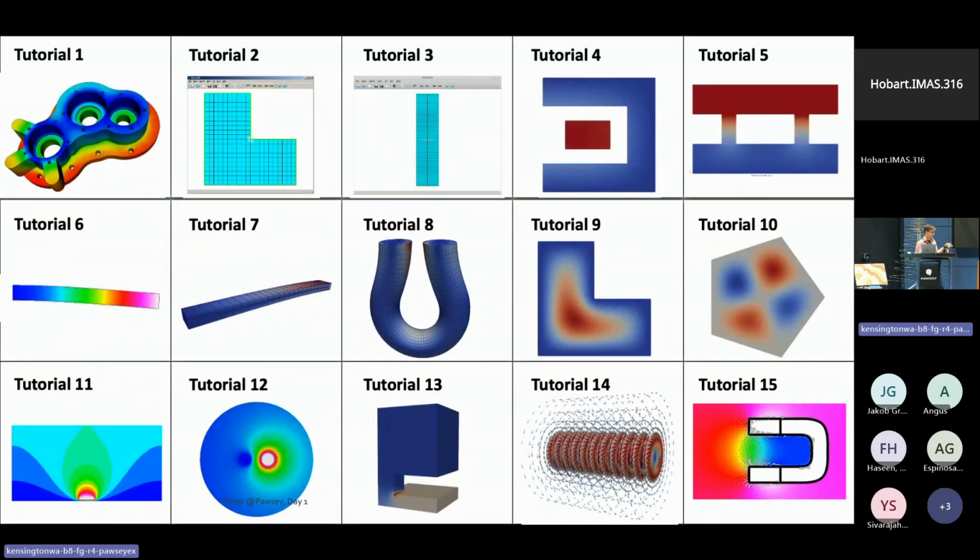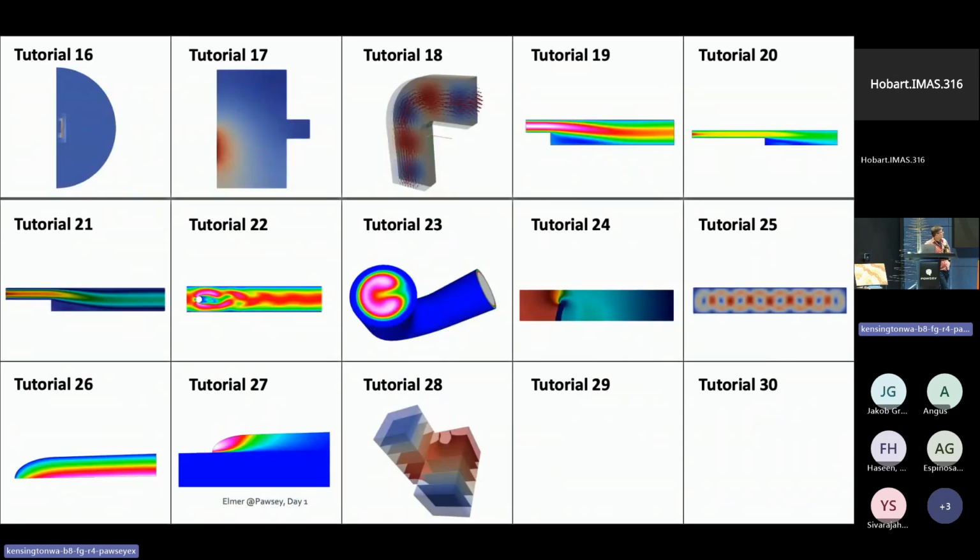What I wanted to say, and this is almost the end of the talk now, is you might recognize the one in the upper left corner, which I showed in an example. For Elmer GUI, there are 15 examples which you can read in and then test out. And I think there are even more.